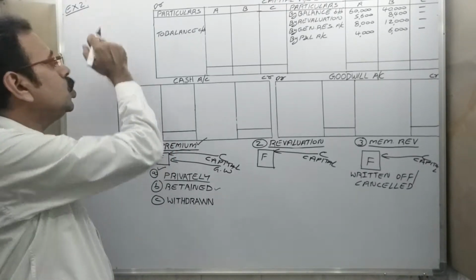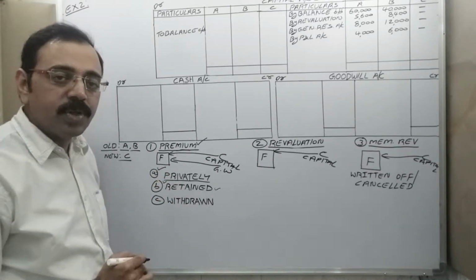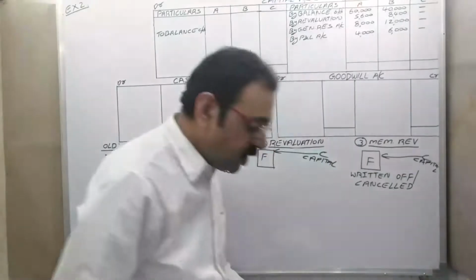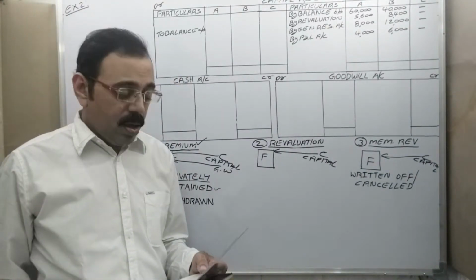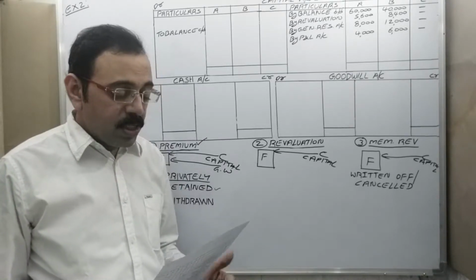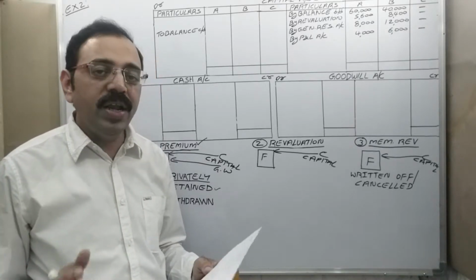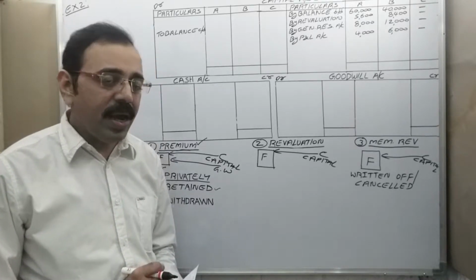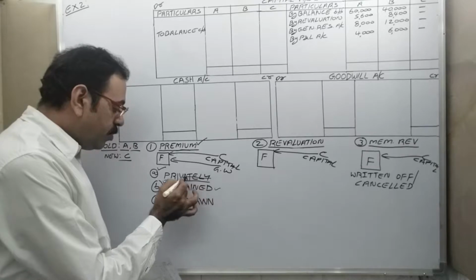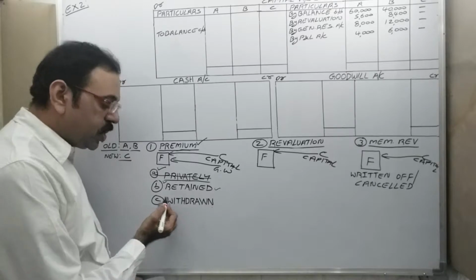Now in example 2, we are going to apply premium B. Okay? Why? Because see the question. In the question related to goodwill, we should see adjustment number A. What is A? C should bring 40,000 for capital and 20,000 for goodwill in cash. Is he giving that goodwill is to be paid privately? No. Therefore, this is not premium A. Then we should search for this word, withdrawn.